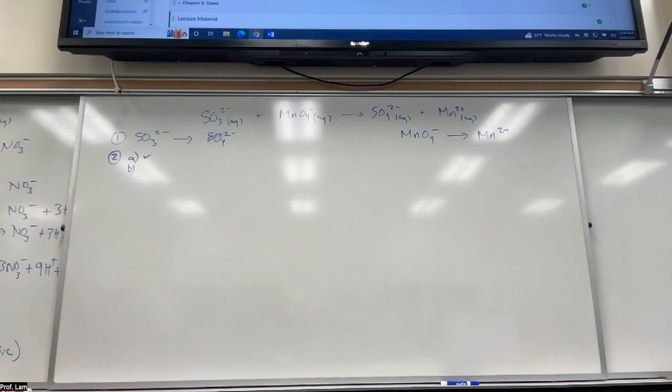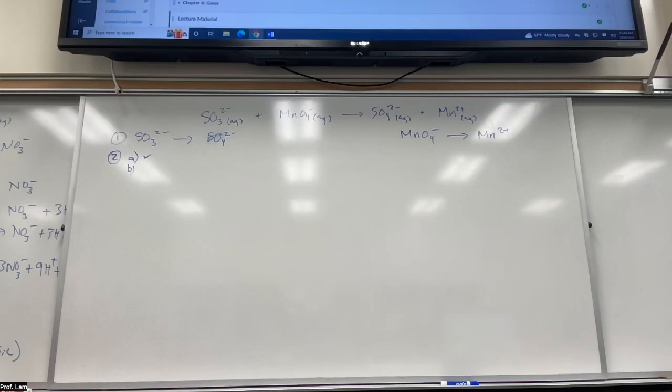Where do we put water and how many? What's that? Water is what? Okay, how many? And on which side? What's that? It says balance oxygen atoms with water, right?